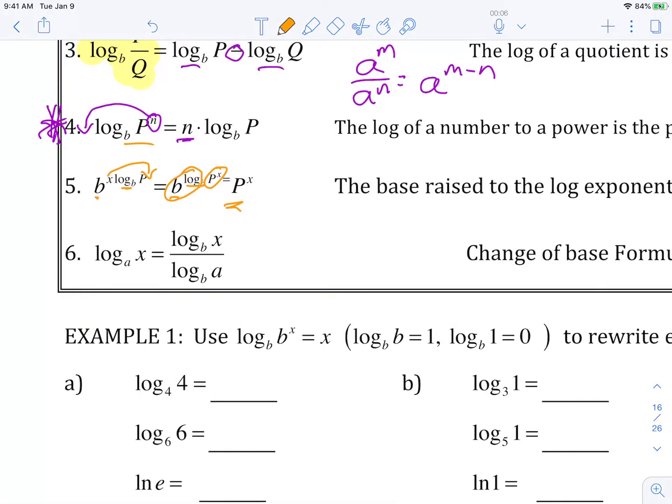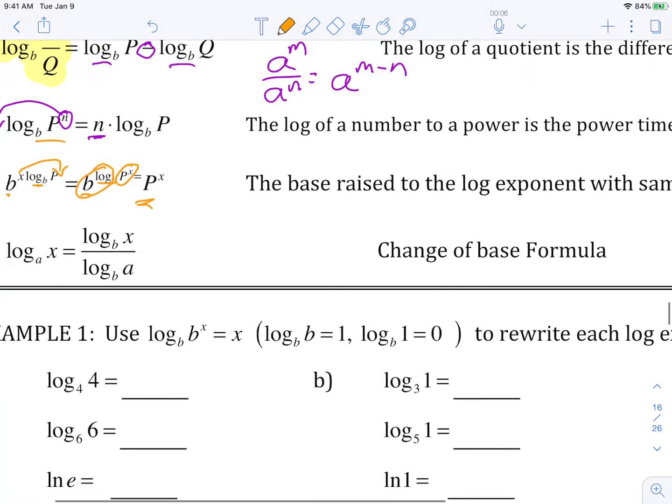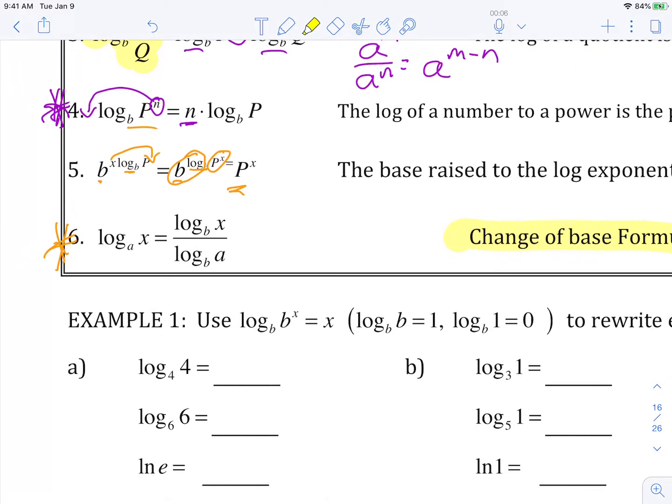And lastly, this is something that you're going to use, especially if you don't have an updated TI graphing calculator, and this is the change of base formula. So mark this down, and I'll refer back to this in our notes here. What this is saying is if you have a base that's not known, remember your calculator only has two buttons for logs.